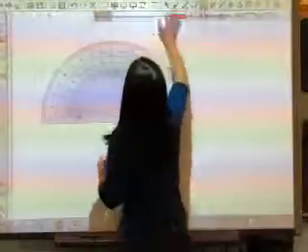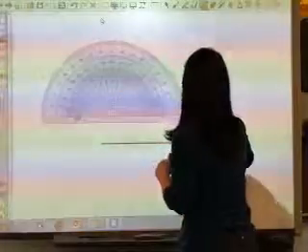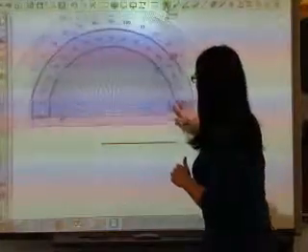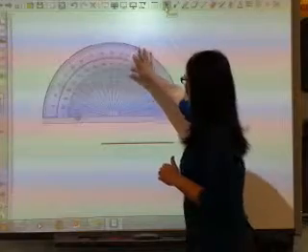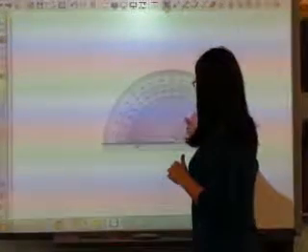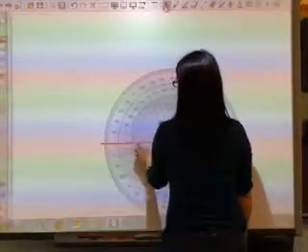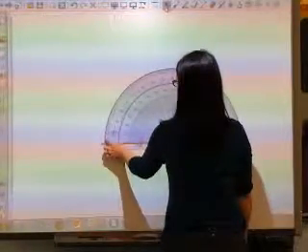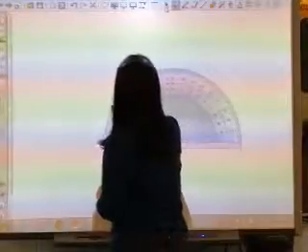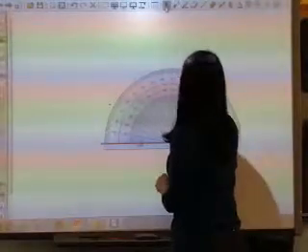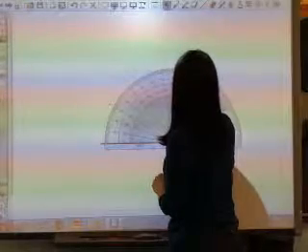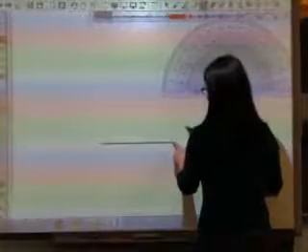So if I take my protractor, I start off with drawing a line. And then I'm going to put my protractor on one point, or the end point of that line, and I'm going to draw a 30-degree angle. And then I'll use my ruler to draw that.